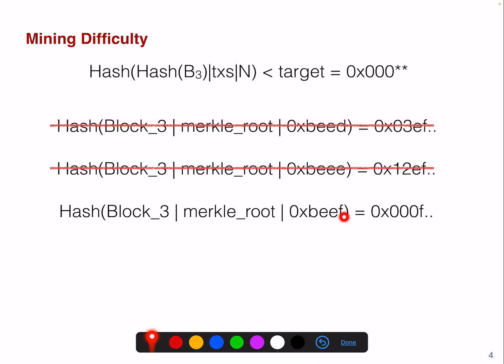If we try this with beef, you can see we change from D to E to F. Then we suddenly find a hash that exhibits 3 zeros in its hexadecimal representation, and this is actually matching the target. So that's a good hash, and this means we found a good block. It's as simple as that. Finding a block means finding a hash that satisfies the target.